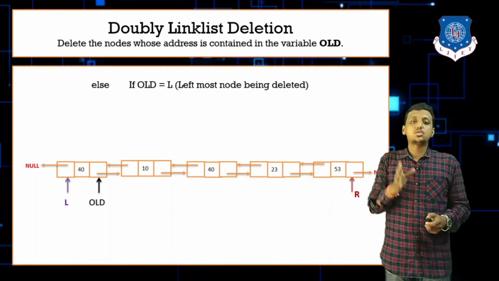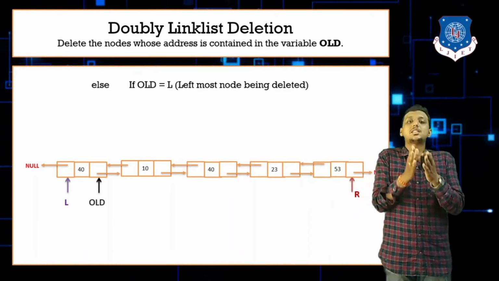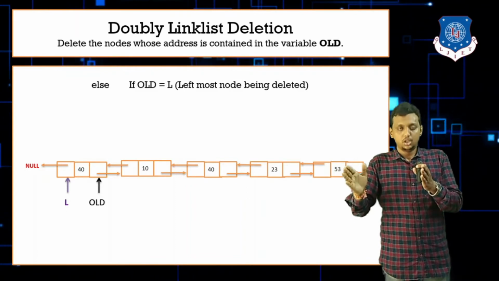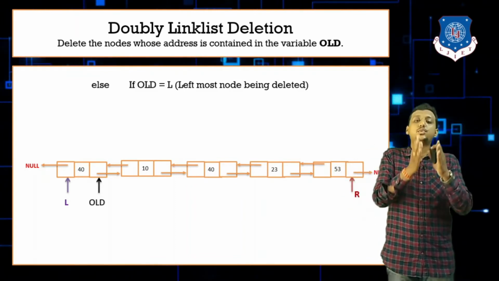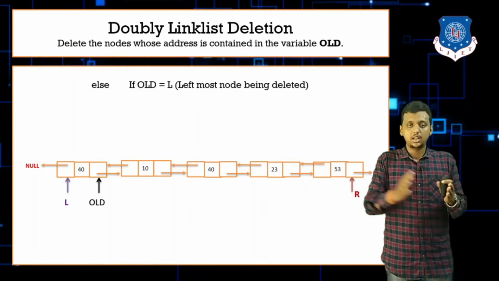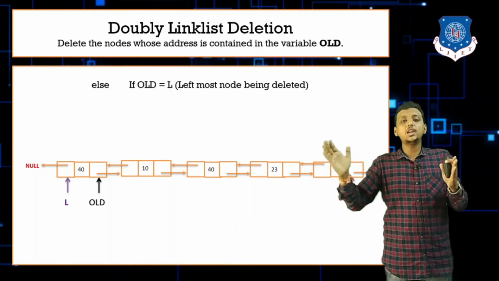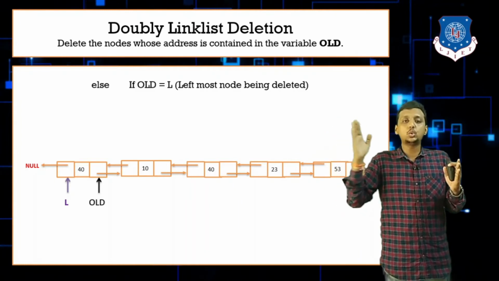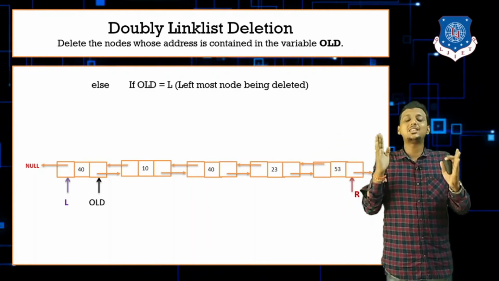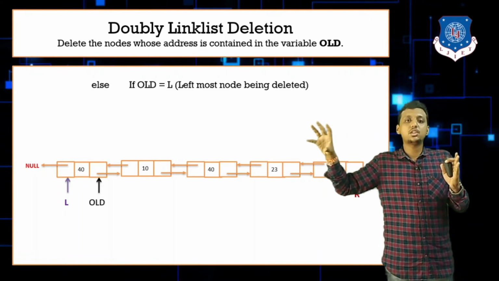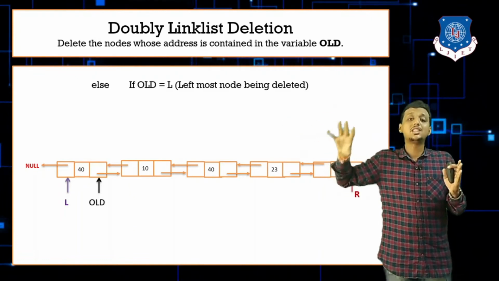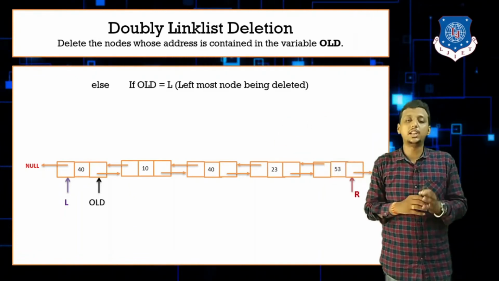Fine. So students, the doubly linked list starts from left to right, L to R. So when I move L from one node to another node, the linked list size is that only. That means my first node is automatically deleted. It is considered out of the family of the linked list.